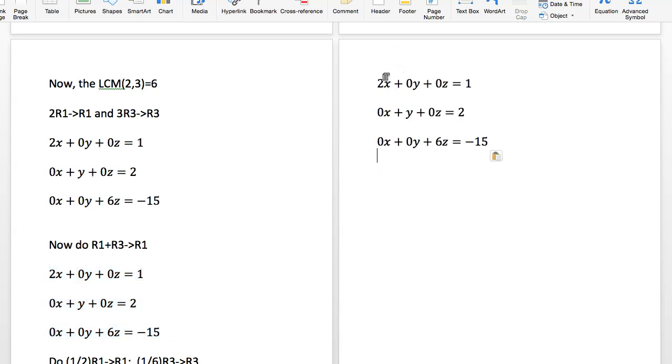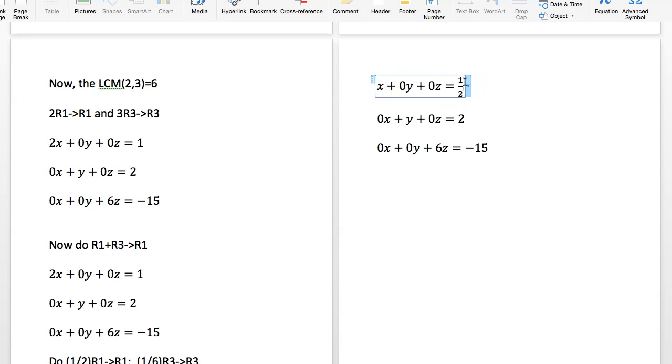I'll get 1x. Notice you have the understood 1 there and there. If I divide by 6, that's now 1. And -15 over 6 reduces to -5 halves.